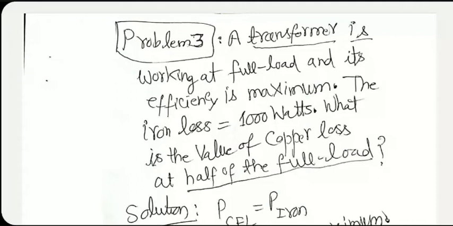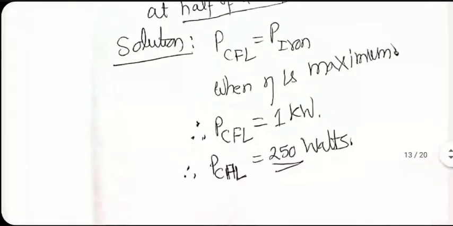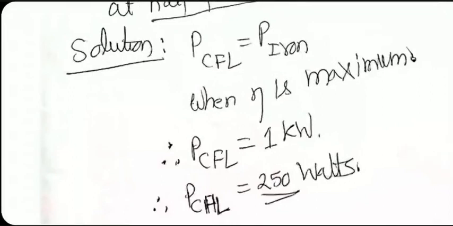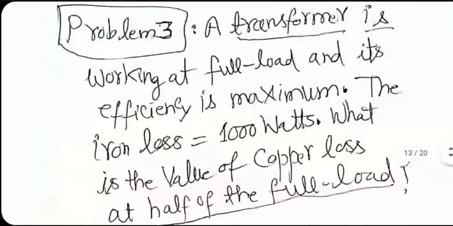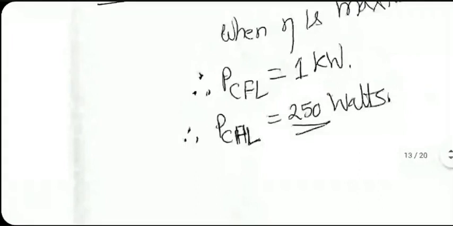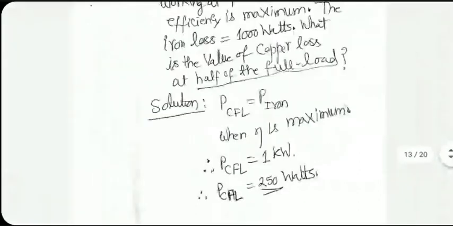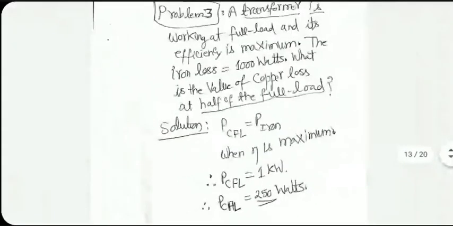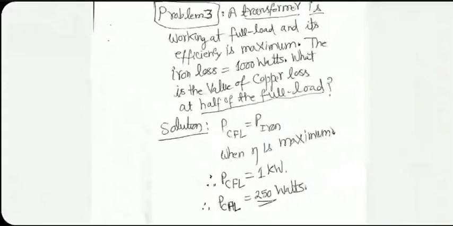At half load, copper loss will be 1/4 of 1000 watts. PCFL equals P iron when eta is maximum. So from there we infer that PCFL is 1 kilowatt and they want PCHL. So you simply divide 1 kilowatt by 4 to get PCHL. Simple problem, not much calculation required.